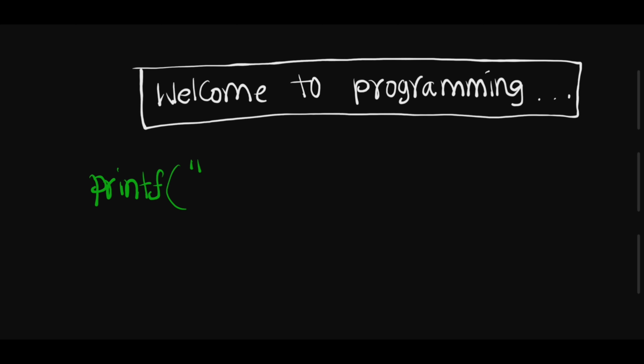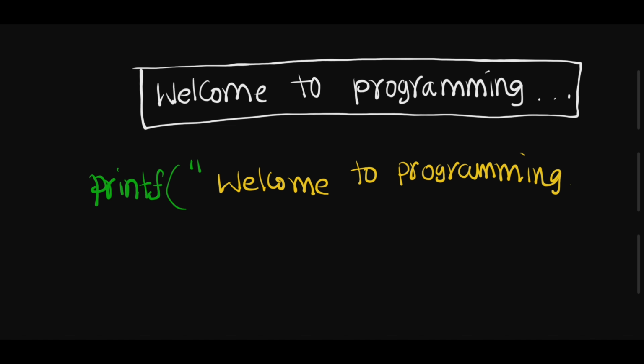In double quotations, what is the message? Welcome to programming. Like this we define the message, and then close the double quotations. Whatever we write in double quotations, the same information will be printed on the output screen. Then close the parenthesis, followed by a semicolon.